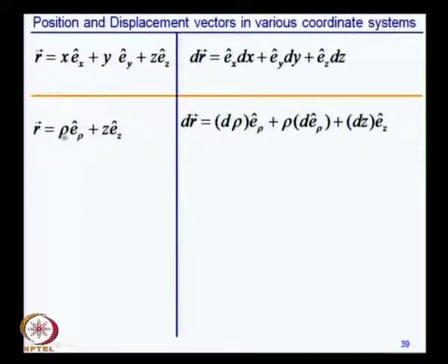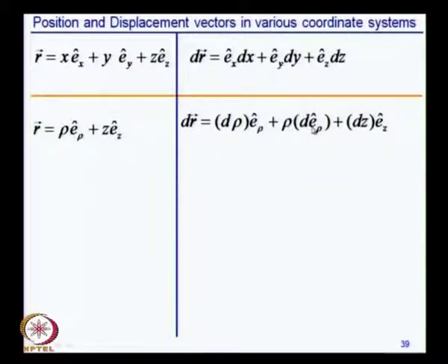So, this will give you the component of the position vector in the plane x y, but then there is a component along the z axis in 3 dimensional space, and therefore, the changes in r, which is this displacement vector, will come from changes in rho times e rho, which is d rho times e rho, plus changes in e rho itself.